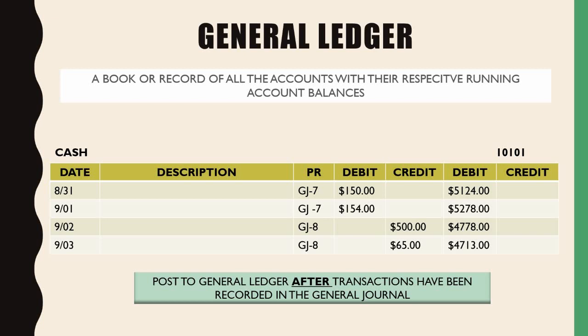So then I only had $4,778 in my bank account. But then again, I spent $65 more to buy office supplies. So that means now my account balance is $4,713.